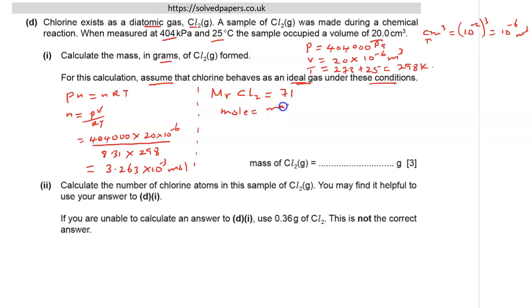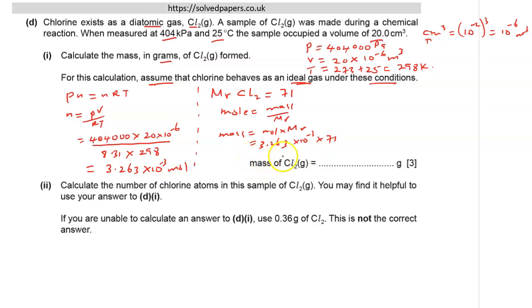Moles is equals to mass over Mr. Therefore, mass is equals to moles times Mr. In this case, is this moles, 3.263 times 10 raised to power minus 3 times 71.